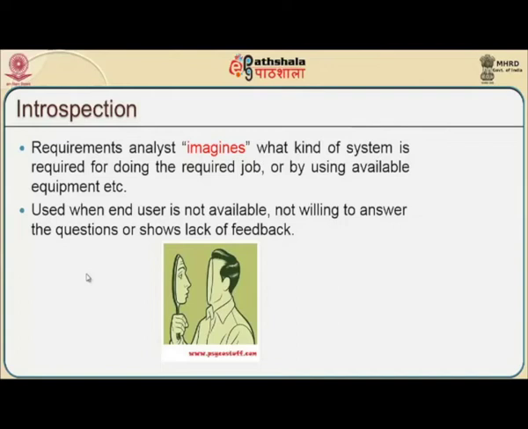This is used when the end user is not available, not willing to answer the questions and shows a lack of feedback. So he may not be able to answer the questionnaire, he may not be open to interviews. At that juncture, it's something like I look at the mirror. If I wanted the same software for my use, what would be the requirements for the software?